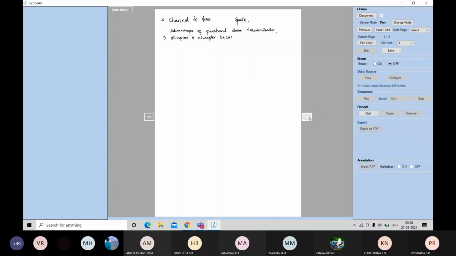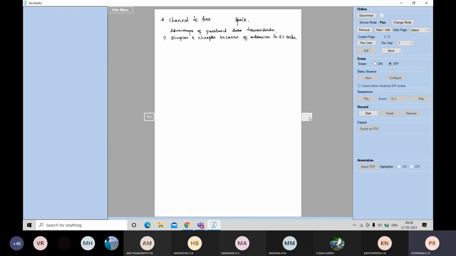Because of advances in IC technology, most of the actual circuits designed for digital communication can be fabricated on an IC, an integrated chip.